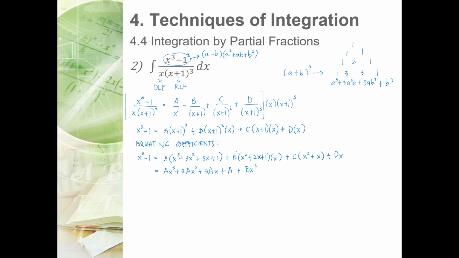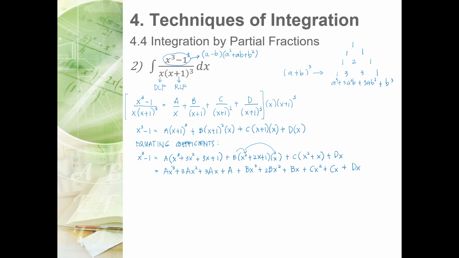I included cube because I multiply it with another x. And then plus 2Bx squared, then plus Bx, then plus Cx squared plus Cx plus Dx.